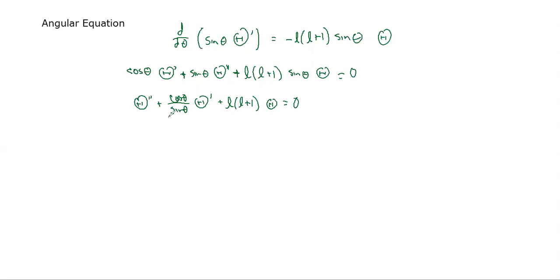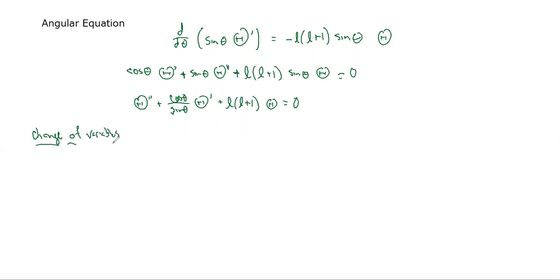And then, at this point, there are differential equation solvers like ODE solvers, and Wolfram Alpha will probably give you the right answer. I'll give you the traditional way of solving this, which is a change of variables.